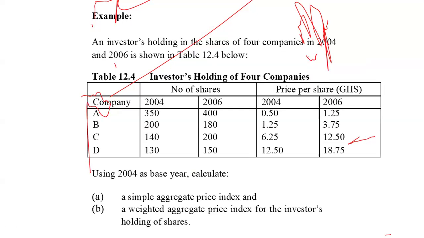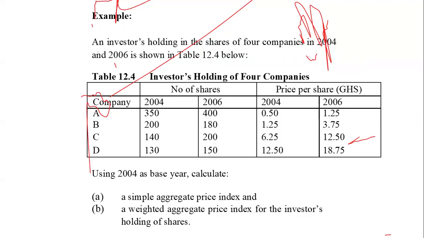So let's see what is happening here. We want to apply that formula, and look at the example here. An investor's holding in the shares of 4 companies in 2004 and 2006 is shown in the table below. So this is the table. You have companies A, B, C, and D, and the number of shares for both 2004 and 2006.